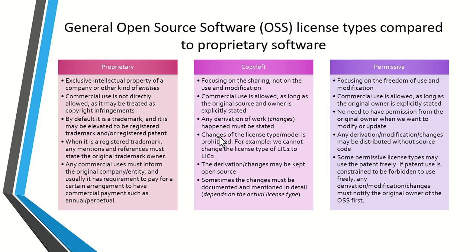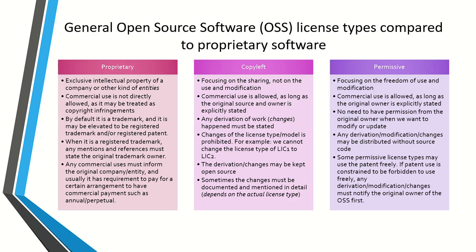For example, you cannot change, let's say, GPL2 to GPL3, or even go to the extreme of changing from copyleft to permissive. That is not allowed. The derivation or changes must be kept open source.